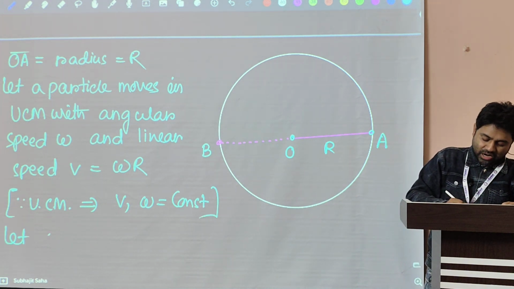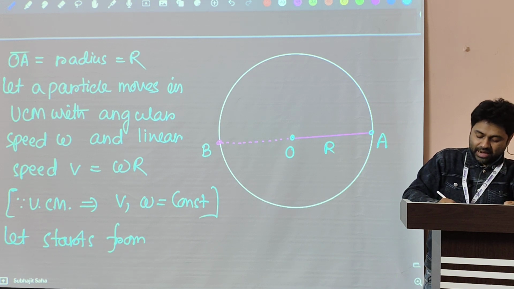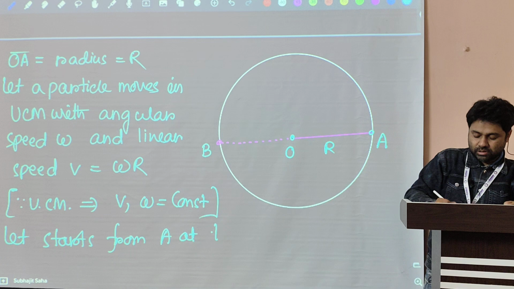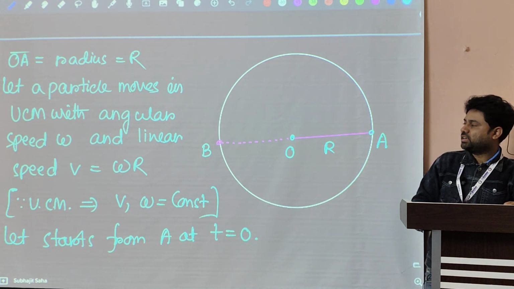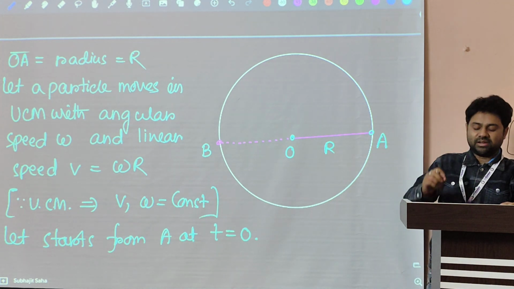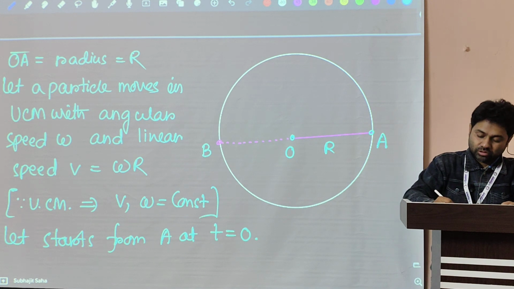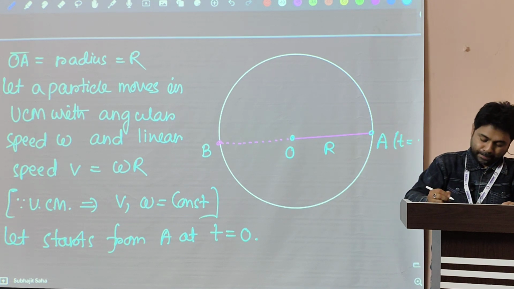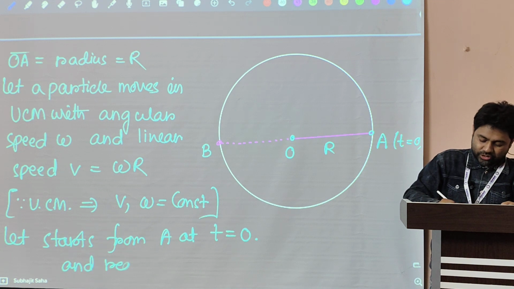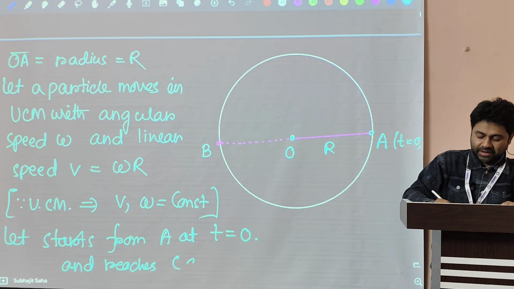Let the particle start from A at t equal to 0. Let's say the particle starts from point A at t equal to 0. And say the particle reaches point C at t equal to t.